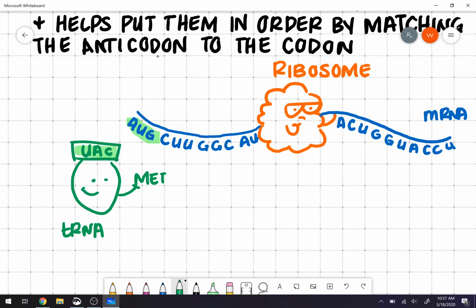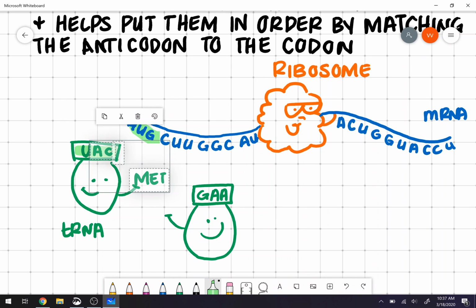The next one, CCU, is going to have a transfer RNA that is GAA to match up with its 3 base pairs. Okay.